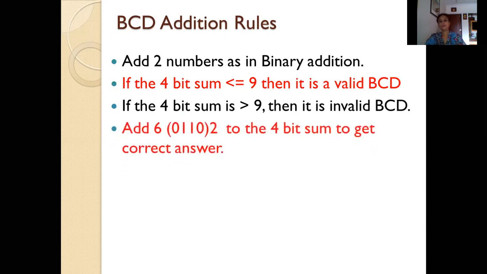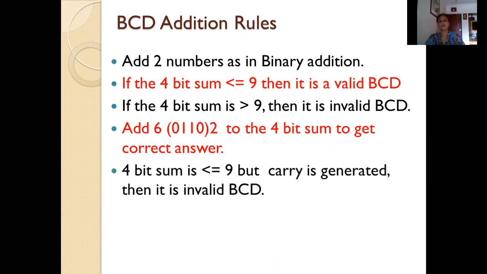If an invalid BCD is obtained, what correction do we take? To correct the result, we have to add 6, that is 0110, to the 4-bit sum to get the correct answer.